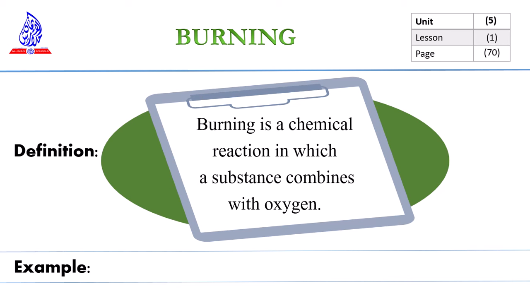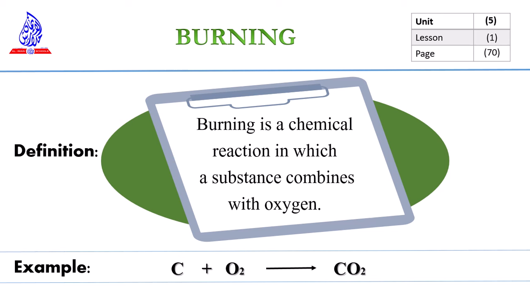Look at the example here. We have a substance, a carbon atom, that combines with oxygen to form a new substance, carbon dioxide. So this is a chemical reaction, this is a chemical equation. What about the product? The product is carbon dioxide, not like oxygen, not like carbon. This is a new product with a specific characteristic, not like the reactants.